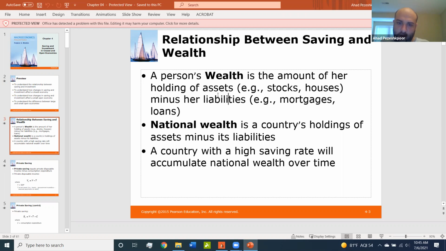That's when you call a government or a country or a company or a person bankrupt. Bankruptcy means assets are smaller than liabilities.